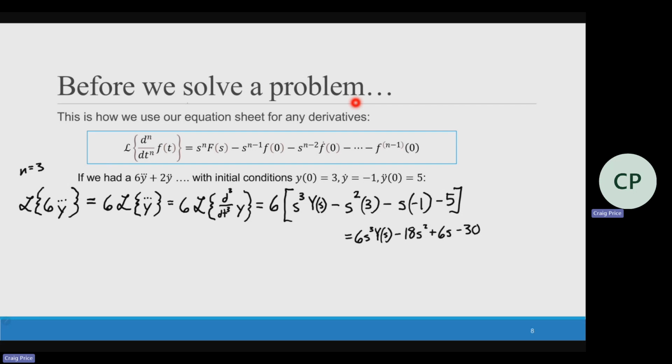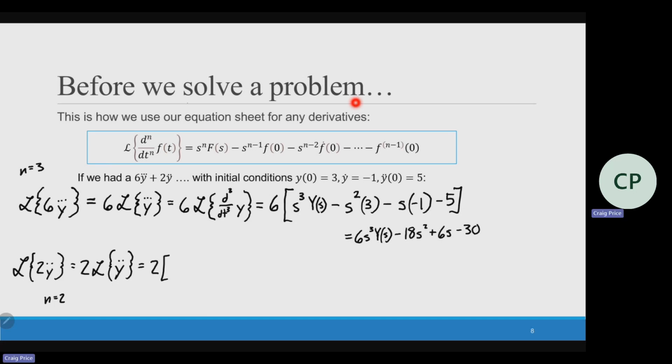Okay, let's do the second one. So Laplace transform, let's say we have a 2y double dot. Again, I can take the 2 out of there. And now n is equal to 2.